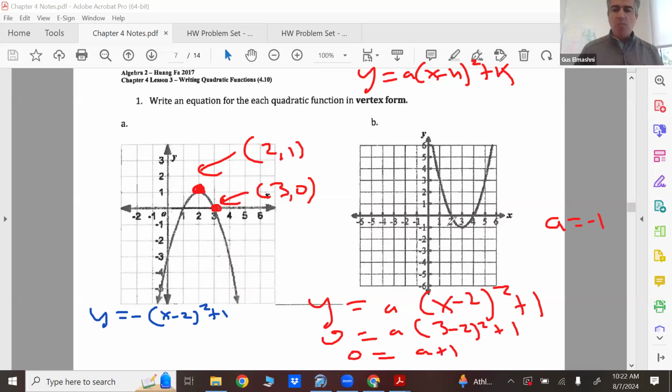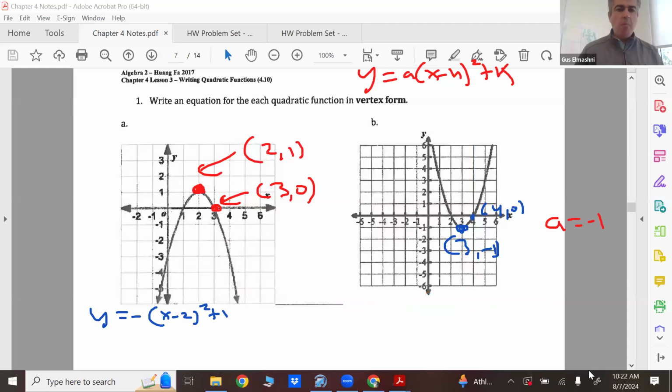Now, next up, the vertex is 3, negative 1. There's a point at 4, 0. So you do the same thing, exactly the same thing. y equals a(x minus 3) squared minus 1.